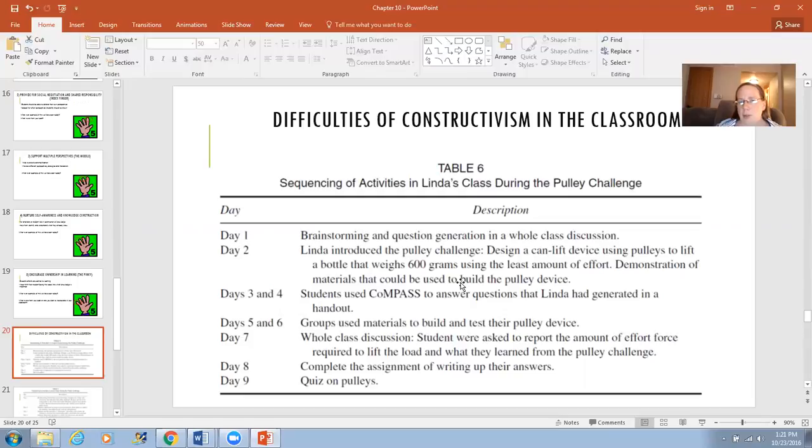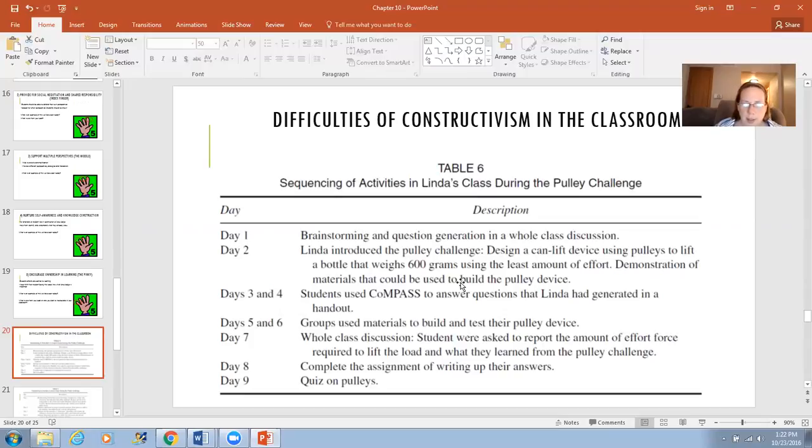Demonstration of materials that could be used to build the pulley device. On days 3 and 4, a student used Compass to answer questions that Linda had generated in a handout.